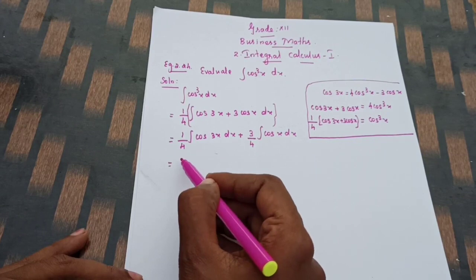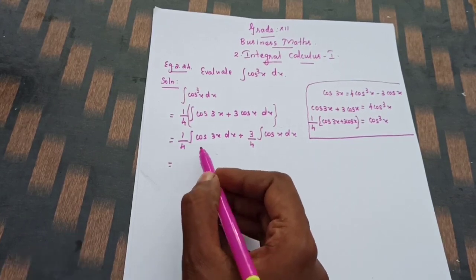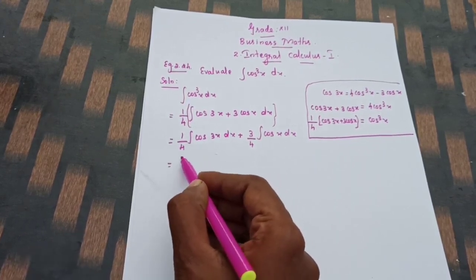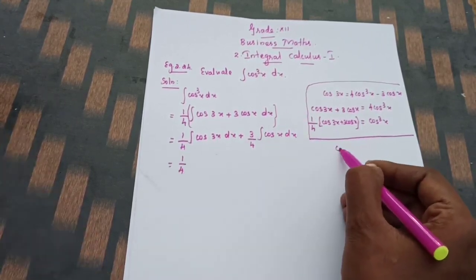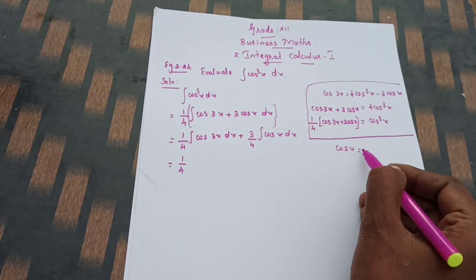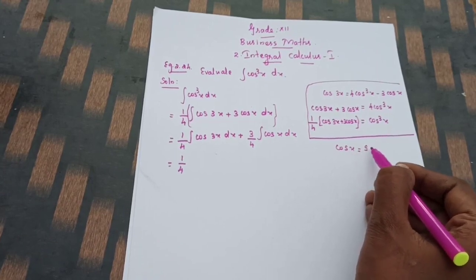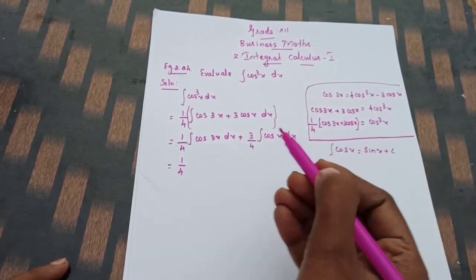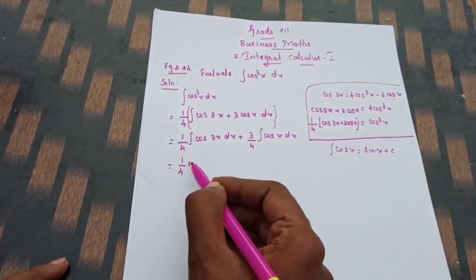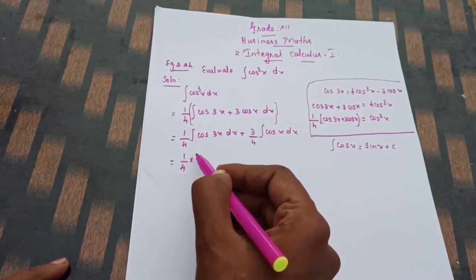That is equal to 1 by 4, which is outside. So what is the integral of cos 3x? Cos x, what's the integral? Sin x, am I right? Sin x plus c. Here for cos 3x, that particular coefficient you also need to divide.